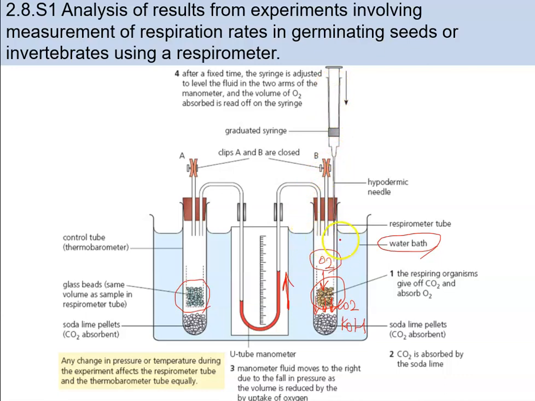So if the oxygen is absorbed, this means not only that it reduces the pressure over here, so the colored oil moves here, but also the amount of oxygen that has been absorbed can be seen from this syringe as well. How much oxygen has been taken up from the syringe to this tube in order to be used for respiration.